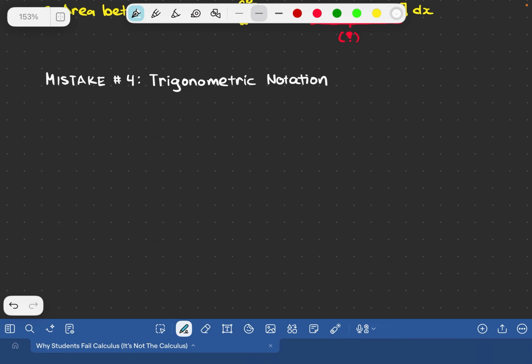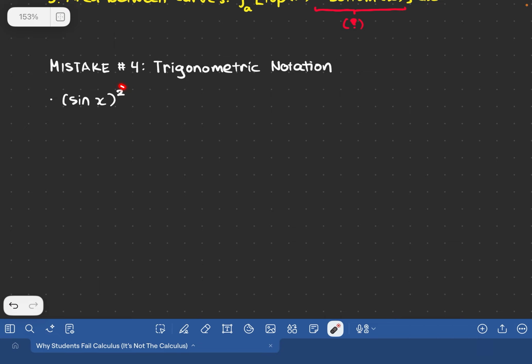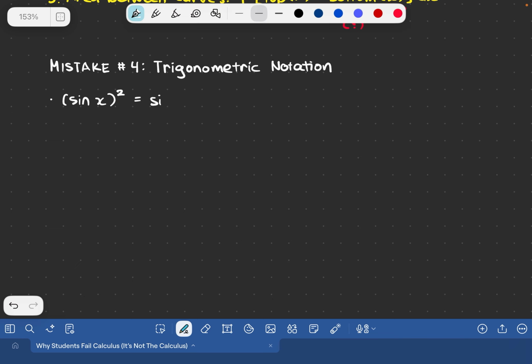I'm guessing that this also applies to hyperbolic functions since they are quite similar, but let me just focus on the trigonometric one. The common error here is that if we have sine squared x, what students most of the time do is just put the square inside, leading to sine of x squared. So this one is incorrect.